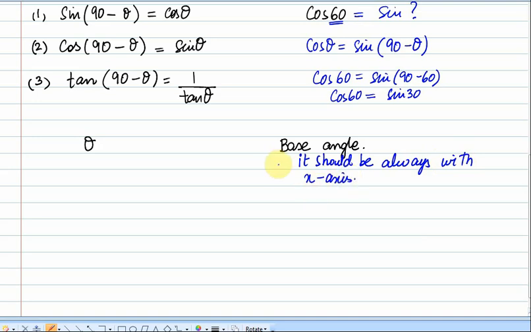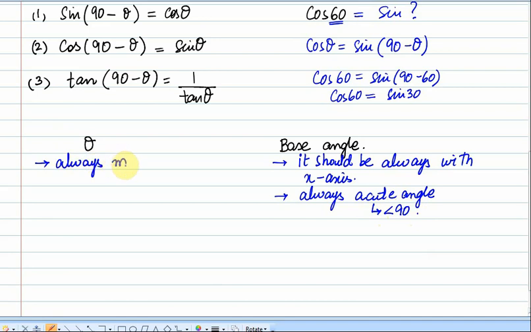It should always be with the x-axis, the first one. The second one, it should always be an acute angle. I expect that all of you are aware of the terminology acute, which indicates that it should be less than 90 degrees, right?